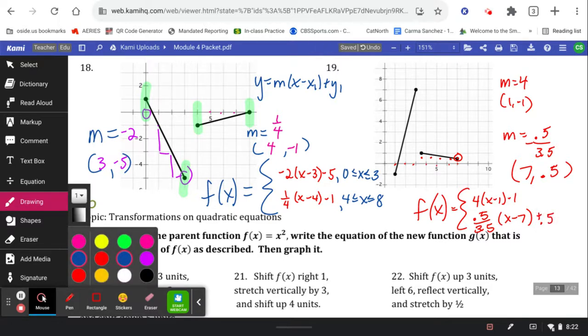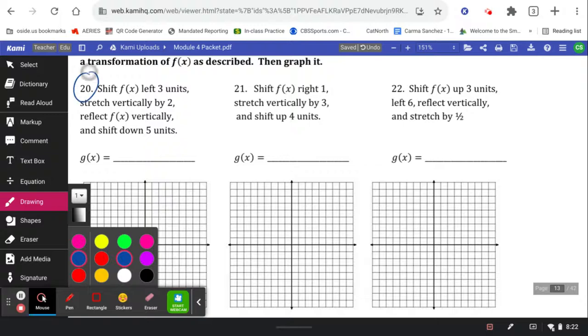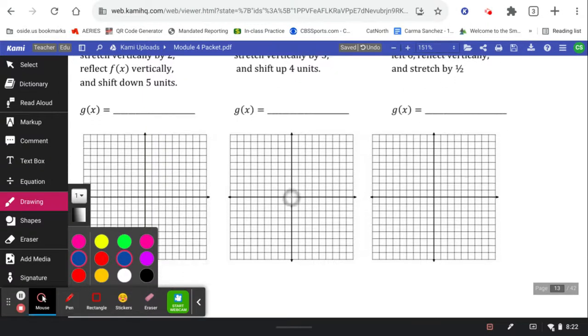And then my domain for this is going to go from 1 to 3, and then from 3.5 to 7. Ooh, that second one was not fun. Sorry about that.